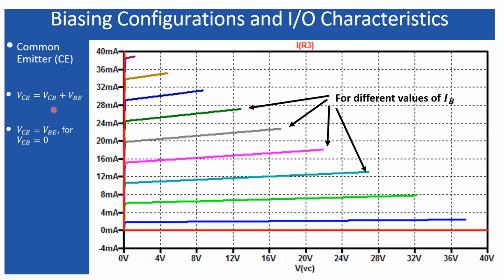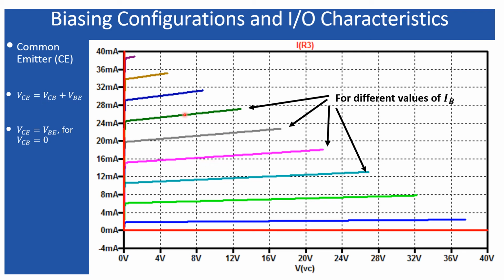When VCB is equal to 0, you are just at the verge of entering the saturation region, but with VCB equal to minus VB, you have already entered within the saturation region, with VCE equal to 0. So VCE can go to 0 for a negative value of VCB. That is why the saturation region for common emitter starts for the value of VCE greater than or equal to 0.